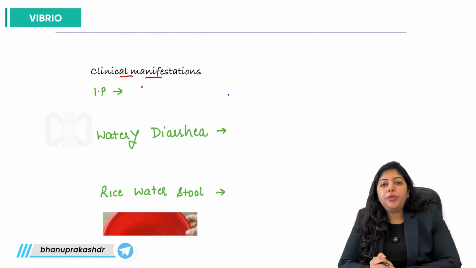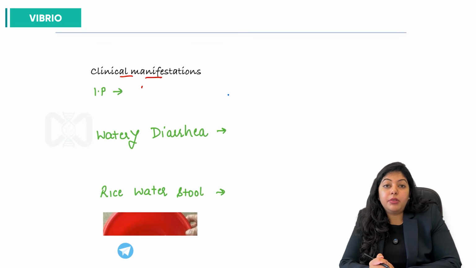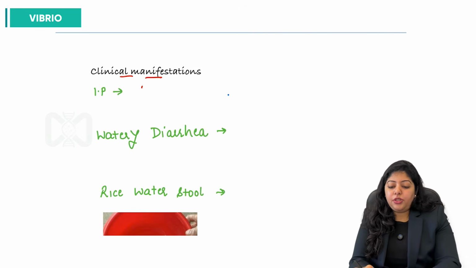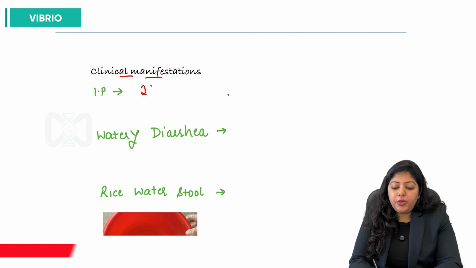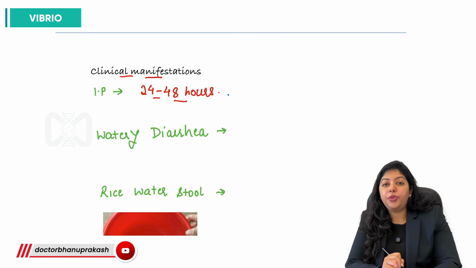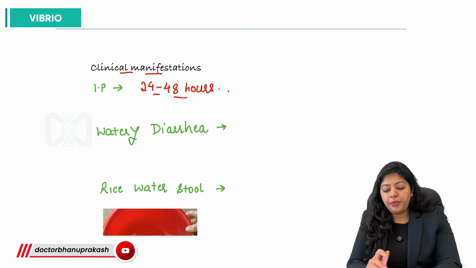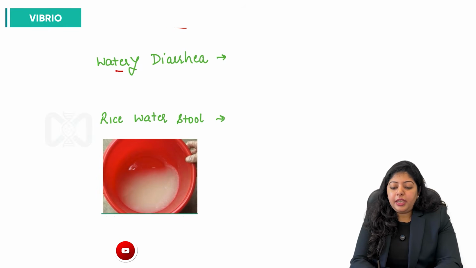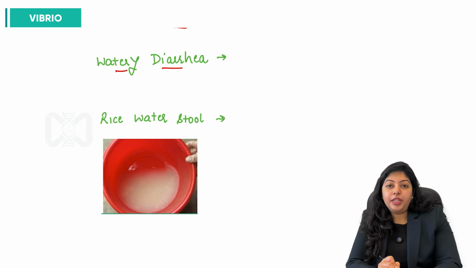Firstly, Vibrio cholerae diarrhea is an acute state. It is responsible for acute diarrheal disease. So the incubation period is going to be 24 to 48 hours. And the kind of diarrhea, we said, is going to be watery diarrhea.